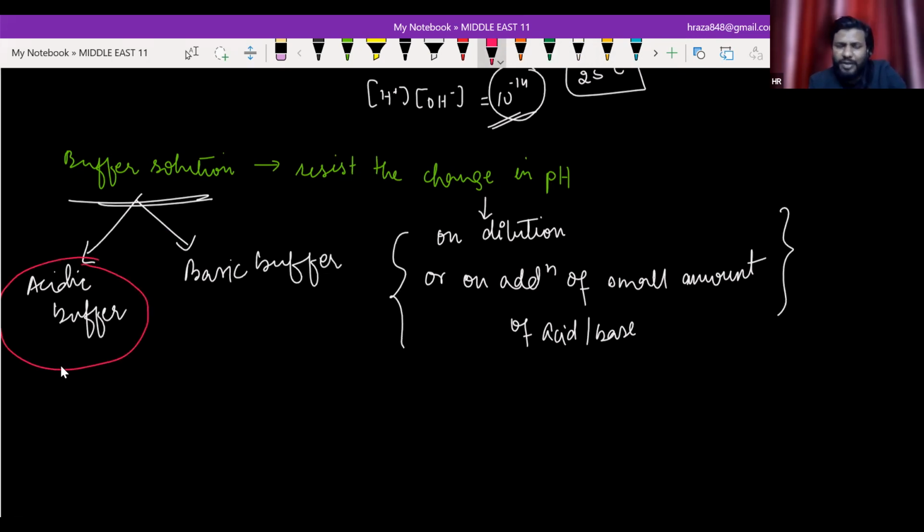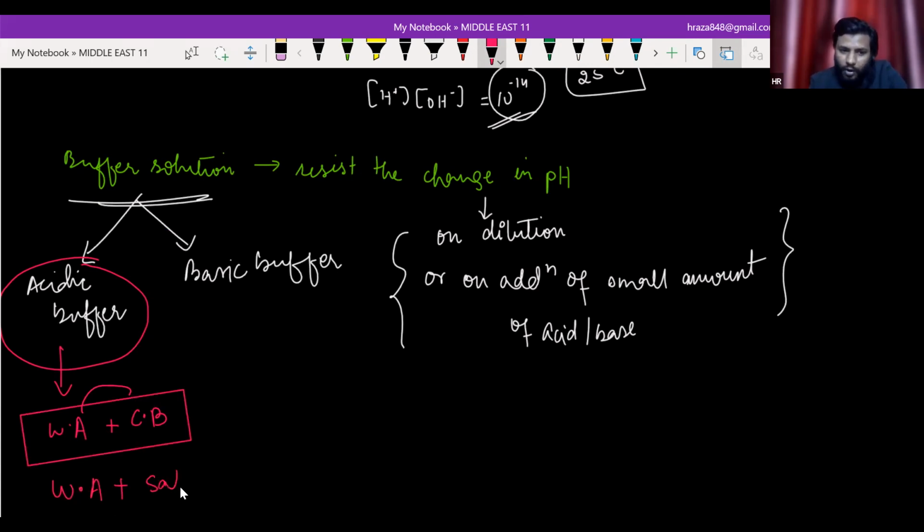Acidic buffer is a mixture in which weak acid is mixed with the conjugate base of the weak acid, or another definition that I told you, weak acid with a salt of its weak acid with a strong base. Are you getting my point, everyone?